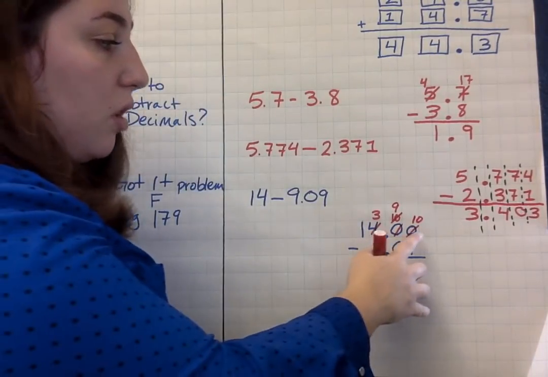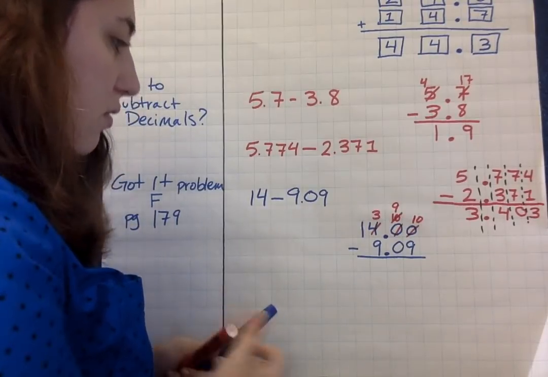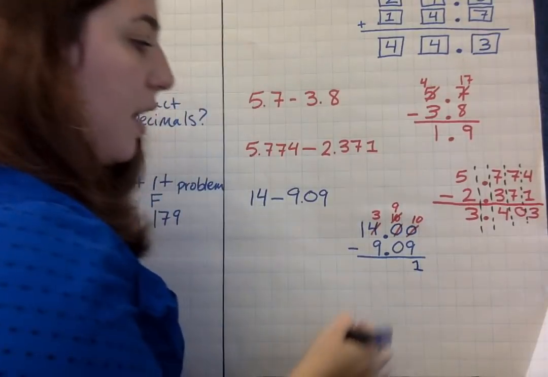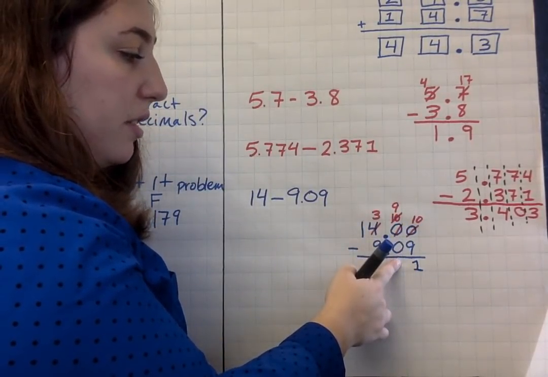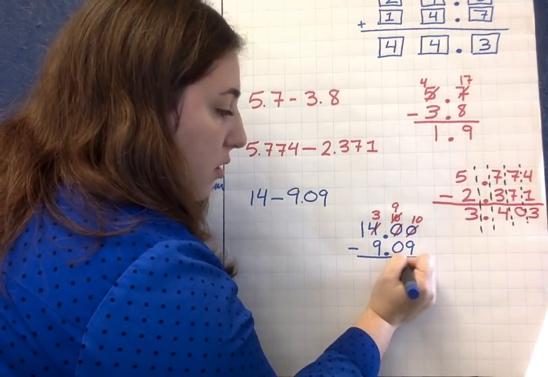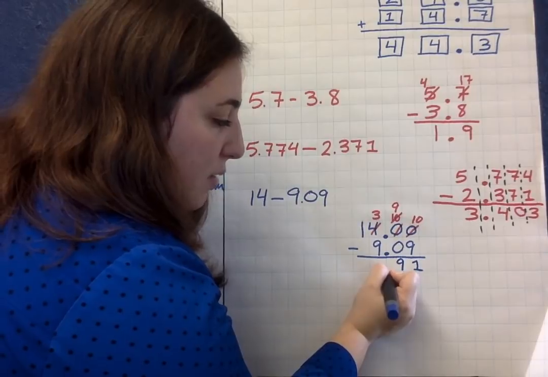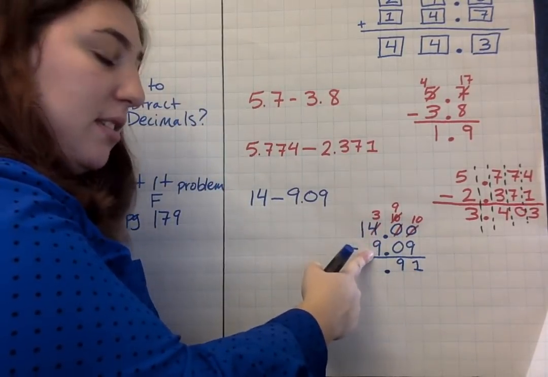Okay? So 10 minus 9, that's much easier to do. 10 minus 9 is 1. Okay, I'm making sure I'm putting it in the same spot. 9 minus 0 is 9. I'm going to make sure my decimal is in the same spot. And then 3 minus 9.